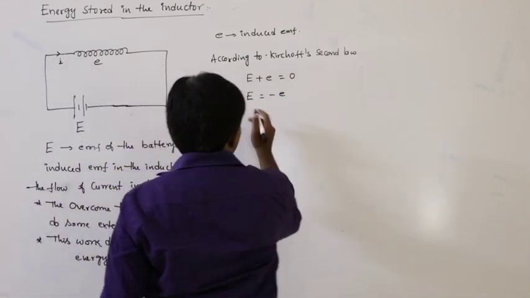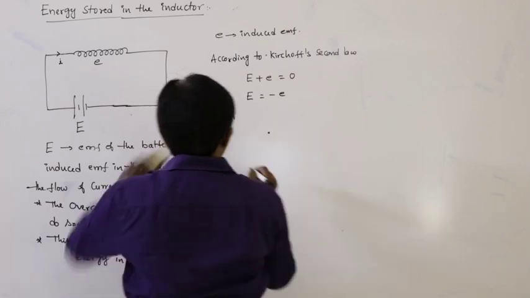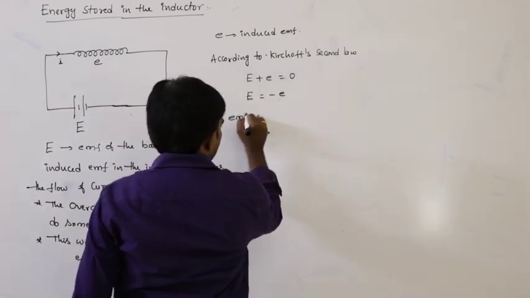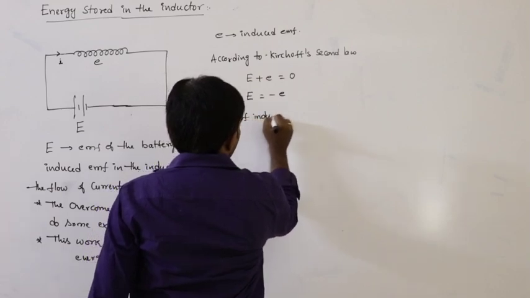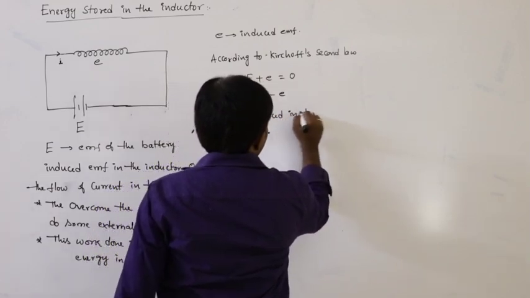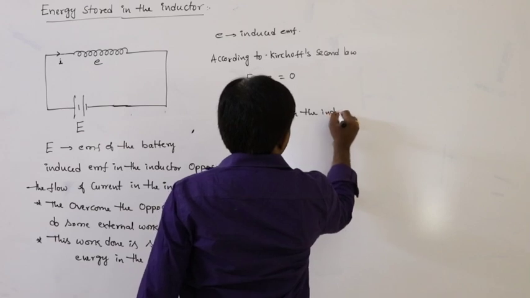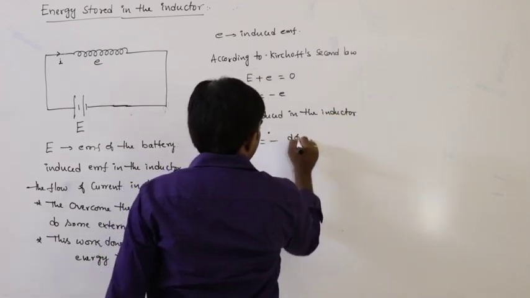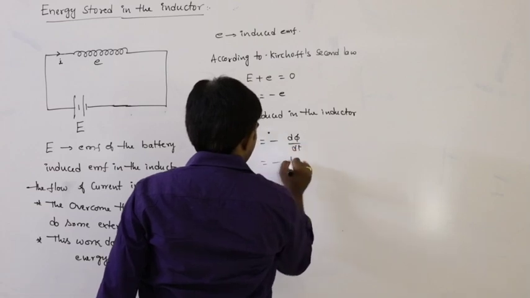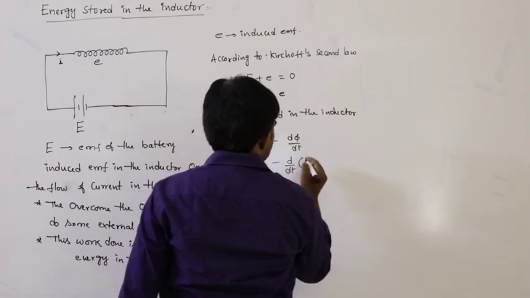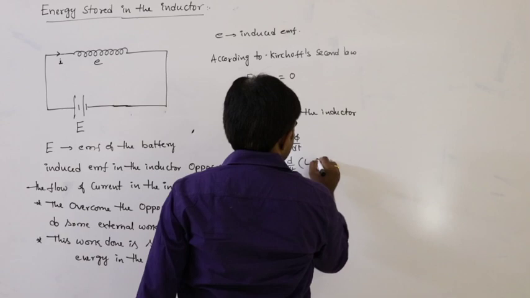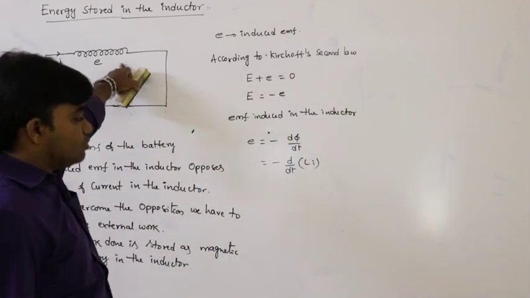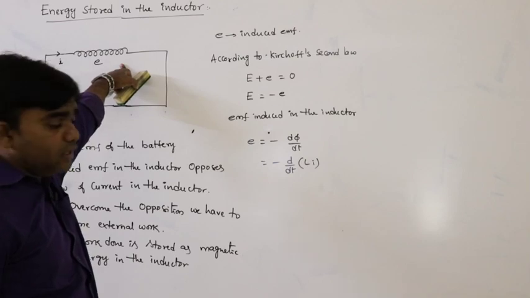But what is the EMF induced in the inductor? What is the formula for that? So e is equal to minus d phi by dt. The flux linked with the surface is directly proportional to the current passing through it.